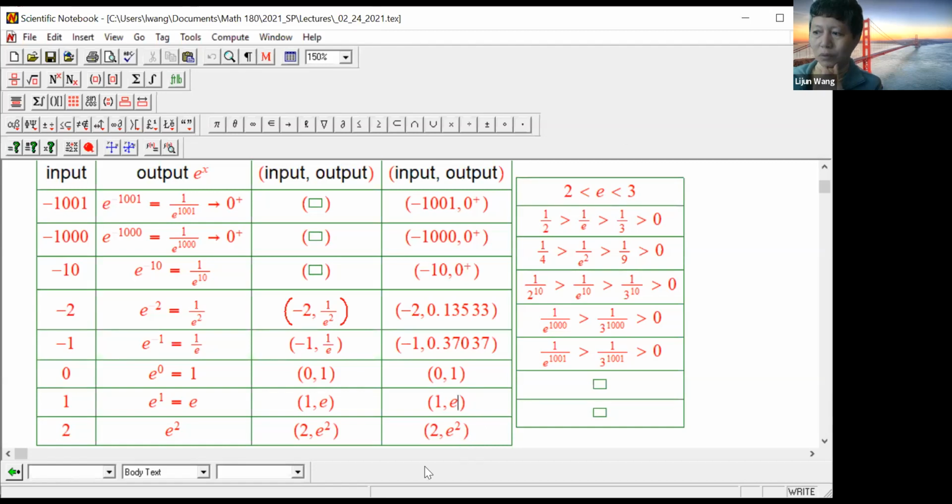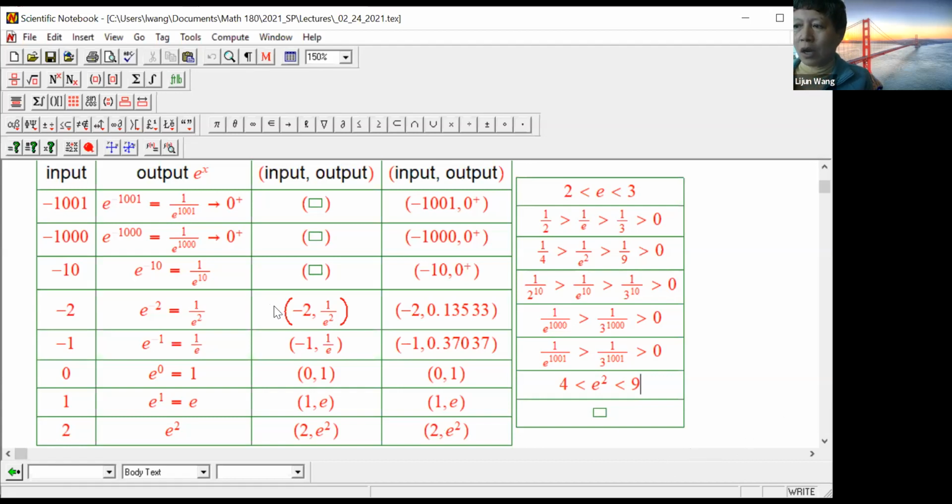Well, e is between 2 and 3, right? e squared is larger than 4, between 4 and 9. If you really want e squared, you can just get the numerical value. So now, do you think e still bothers you? Not anymore, that's what I hope.